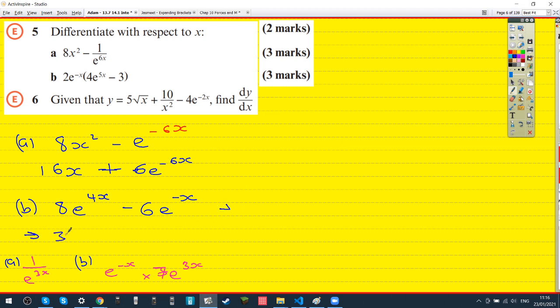So that is 32e to the 4x. Yep. Minus 6, no, plus 6e to the power of minus 2x.